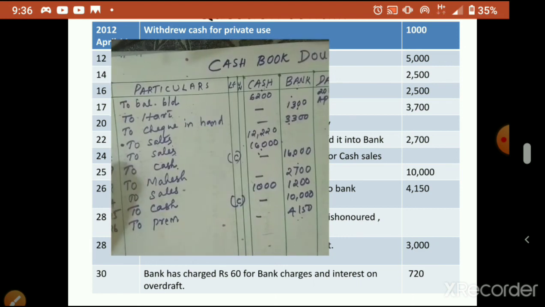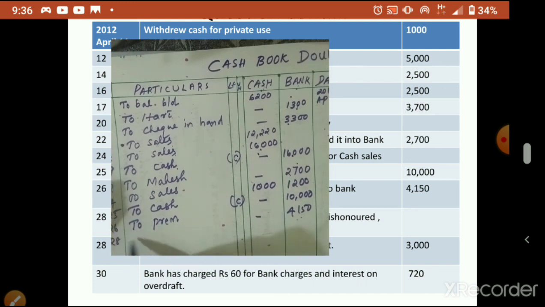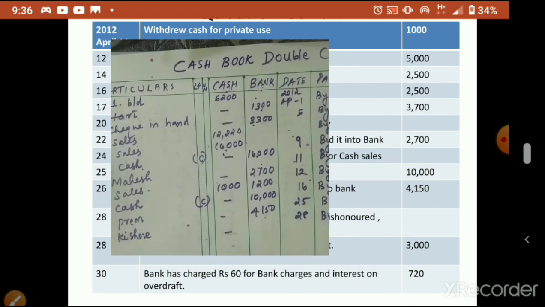So what to do? Just like we received money from that customer. So what to write? 28th, again, to Kishore. To Kishore, you have to write the amount in the bank column because he deposited the money in the bank, 3000. Okay.